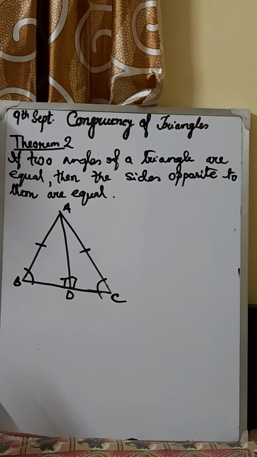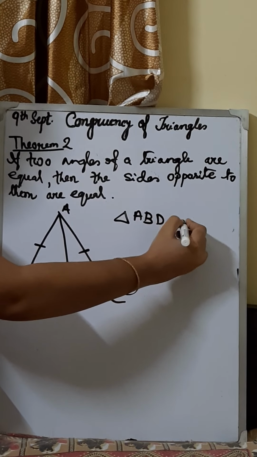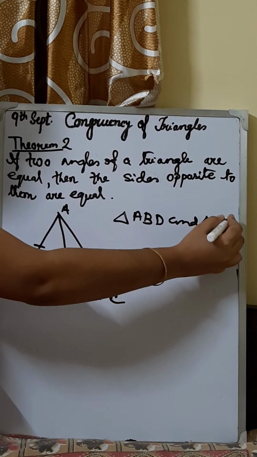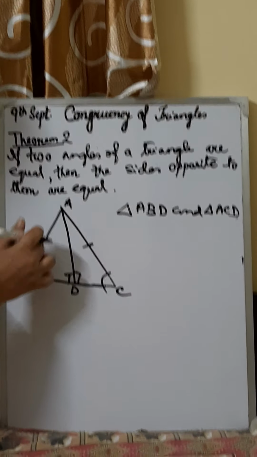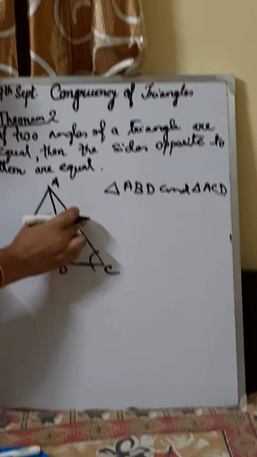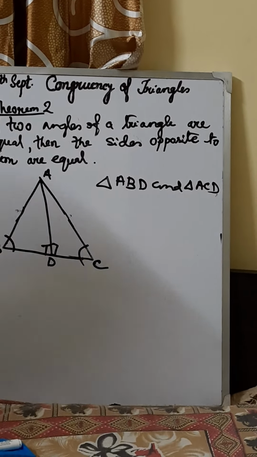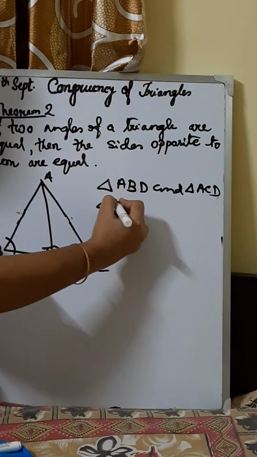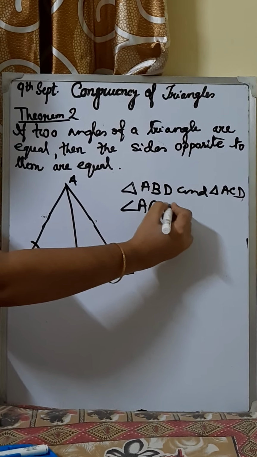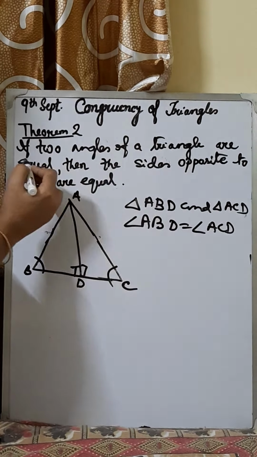Right. Now see, the triangle ABD and the triangle ACD, what do we observe here? Angle ABD equals angle ACD, because it is given that two angles of the triangle are equal.